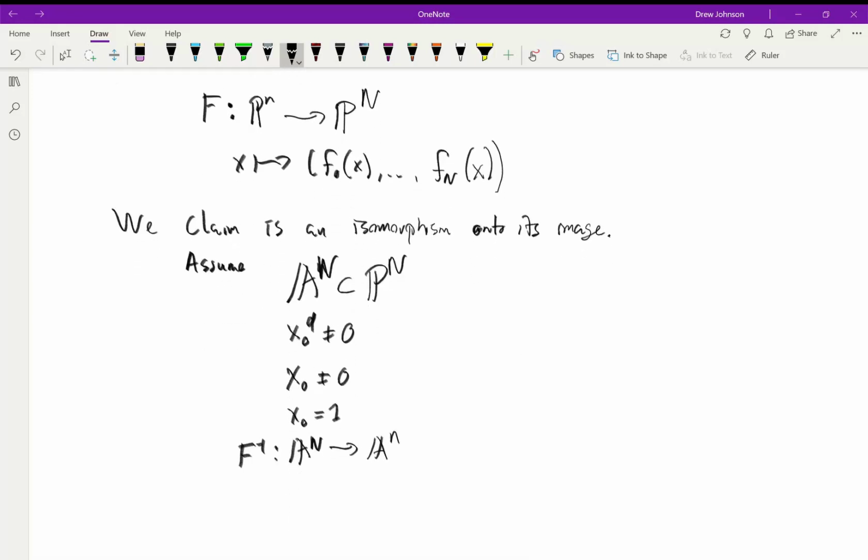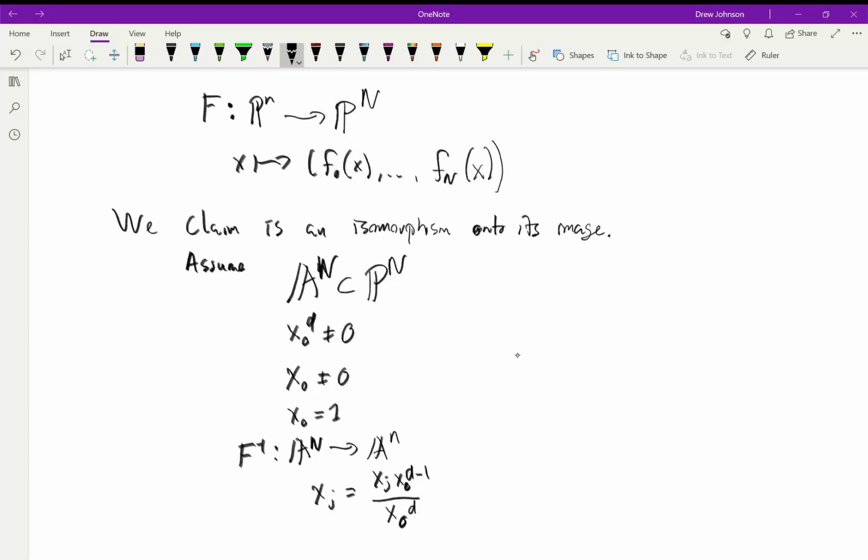Okay, so what do we have to do? We just have to give n regular functions here, and we do it like this. We put xj equal to xj times x0 to the d minus 1, divided by x0 to the d, right?